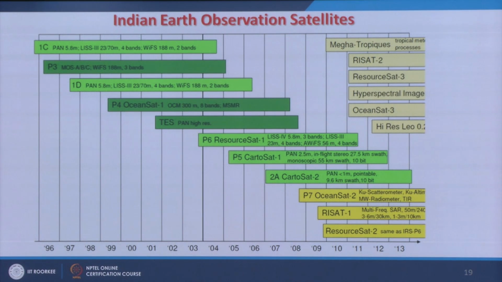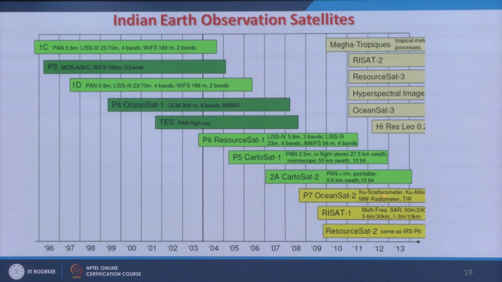India has long-term plans and is working on them. On this chart only a few examples are shown. The latest one, as I have just mentioned, is Resourcesat, which will continue to provide data. Then of course our radar remote sensing satellite RISAT is also there, providing data.